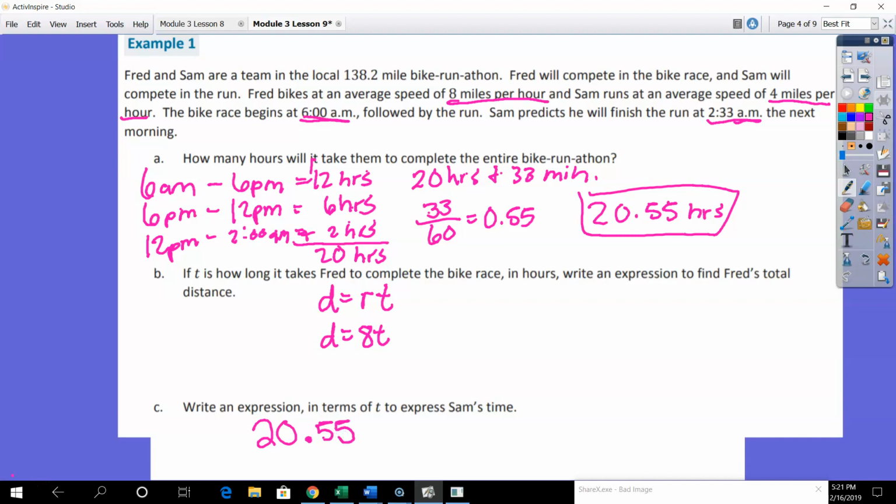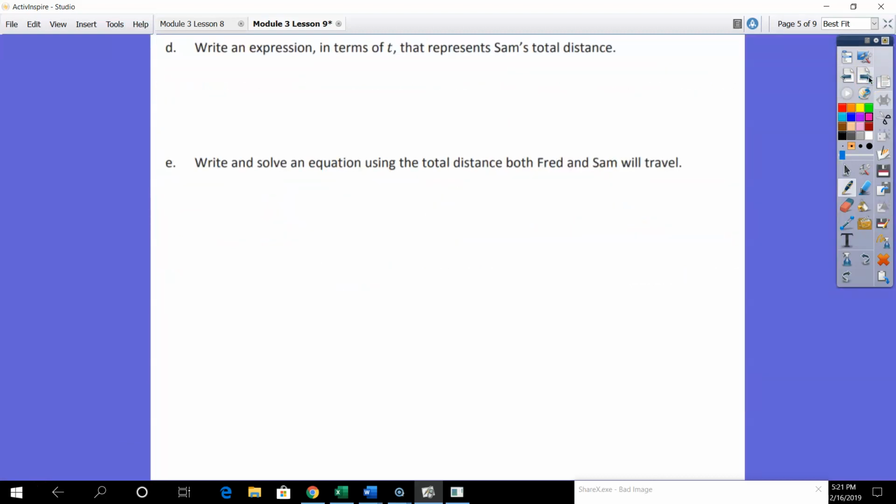To find Sam's time, we take the total amount of time and we subtract the amount of time that Fred has, and we're representing that with T.